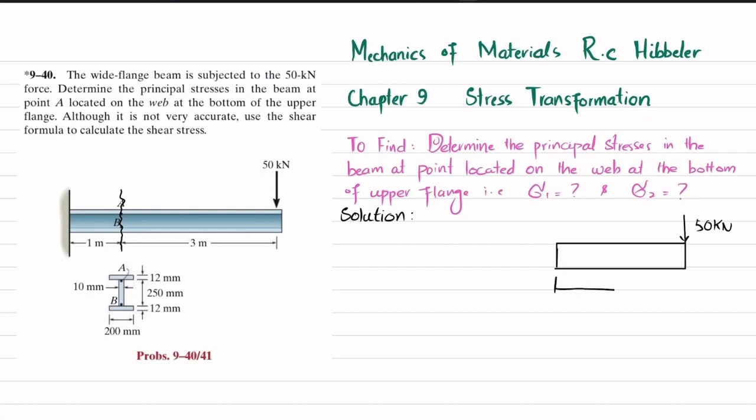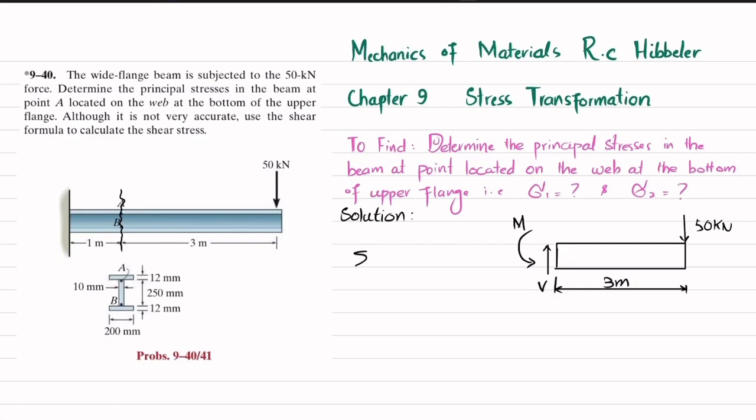This length is 3 meters. When you cut it at this point, there will be a shear force acting upward, which is represented as V, and there will be a moment M. So we will find this shear force V and moment M.